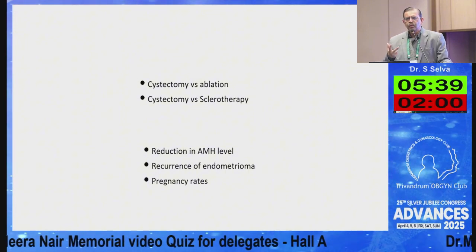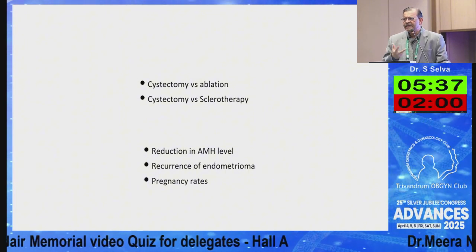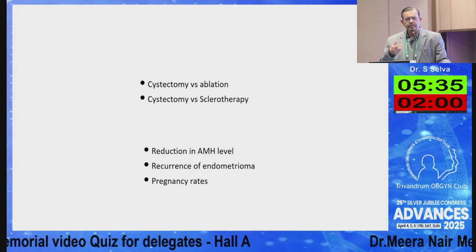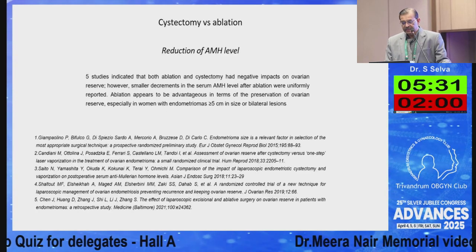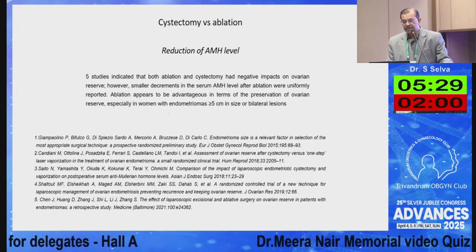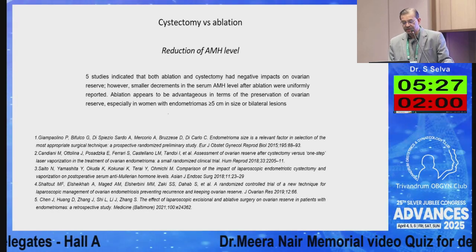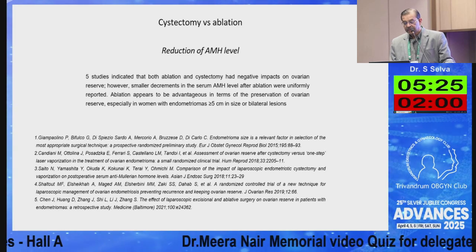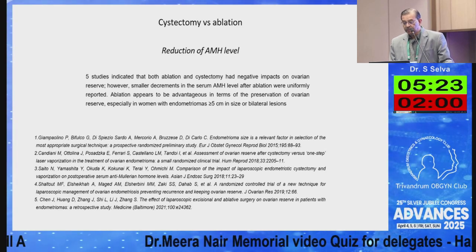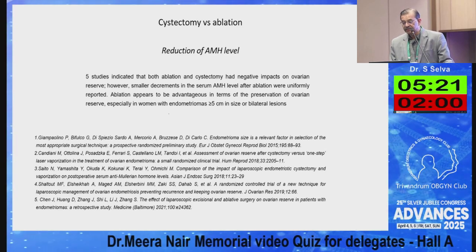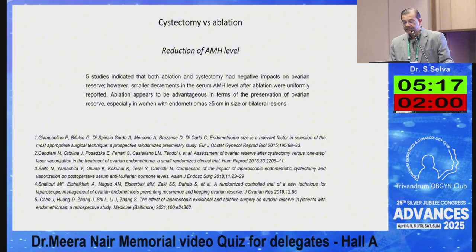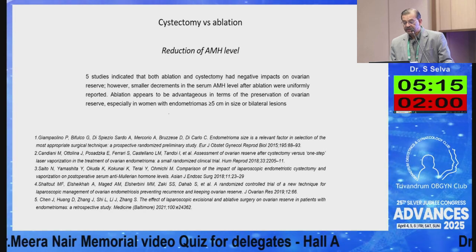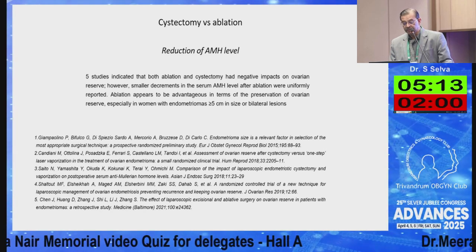Where does ablative therapy fall in patients with endometrioma? The first is cystectomy versus ablation in terms of reduction of AMH. They found 5 studies, and the 5 studies indicate that both ablation and cystectomy have a negative impact on ovarian reserve. However, smaller decrements of serum AMH level after ablation were uniformly reported.